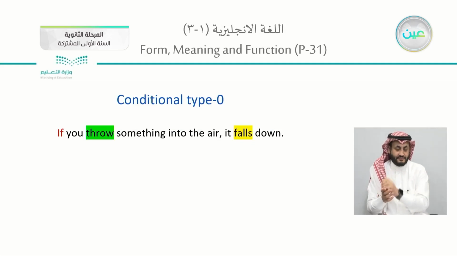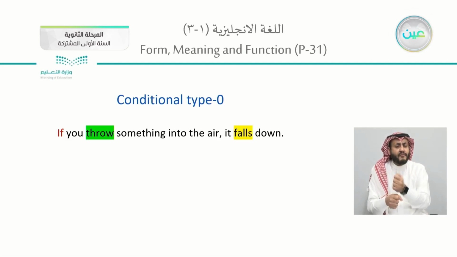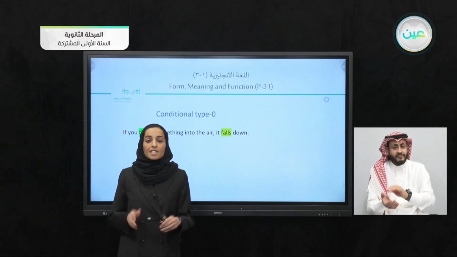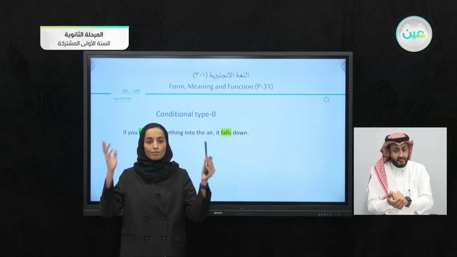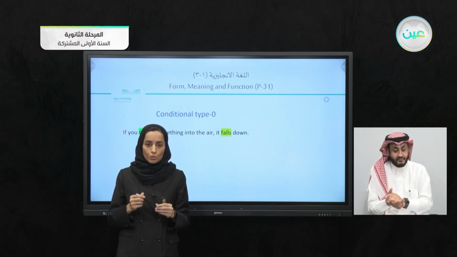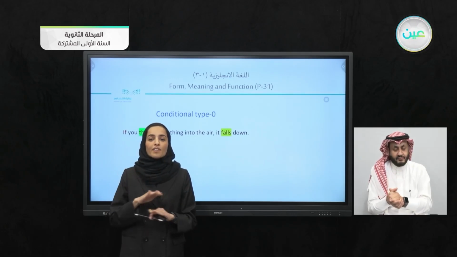If you throw something into the air, it falls down. Let's imagine that I'm having this pen and I will throw it. What could happen? It will fall. Is there any other option other than falling? Maybe it will fly. Would it fly maybe today or tomorrow? It will never happen.